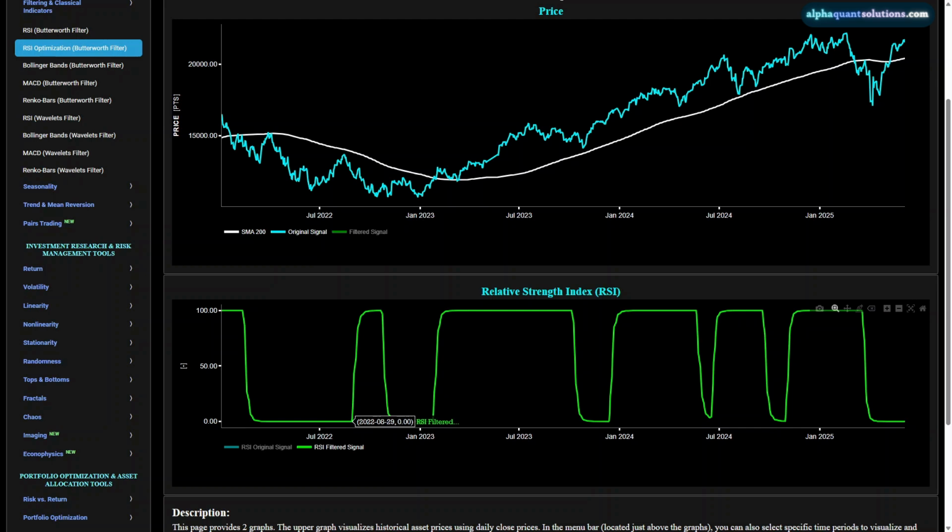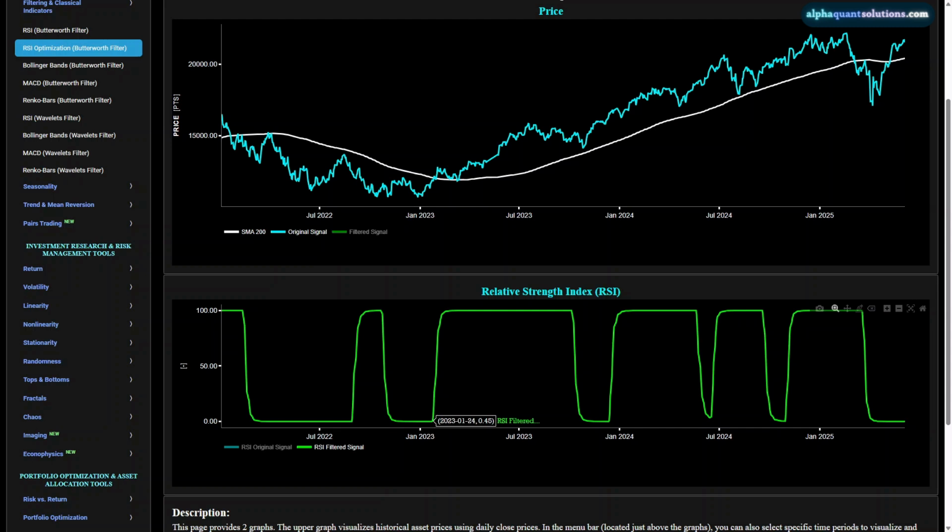There is an uptick in RSI around, let's say, the 29th of August 2022. That brings us about here, and we can see that the unfiltered price is below its 200-day SMA. So this does not qualify as an entry point.